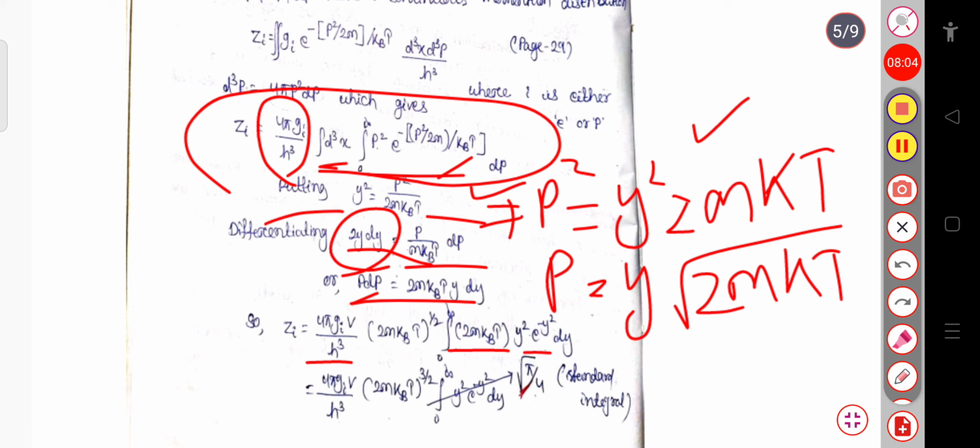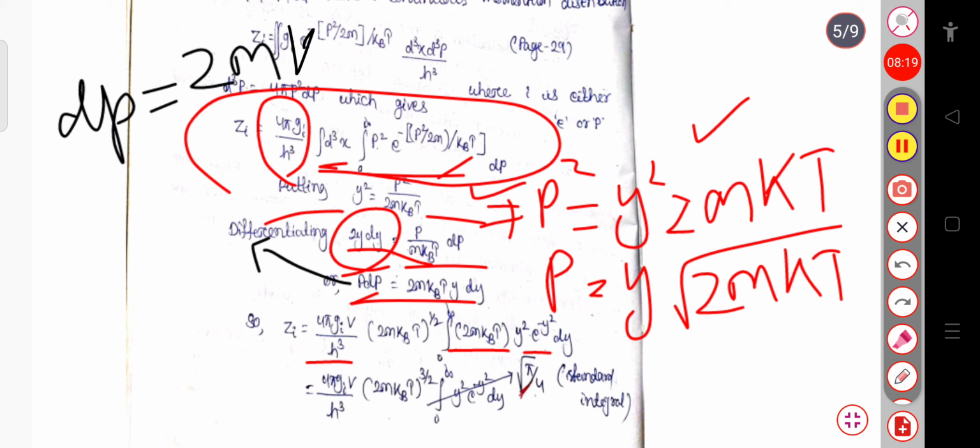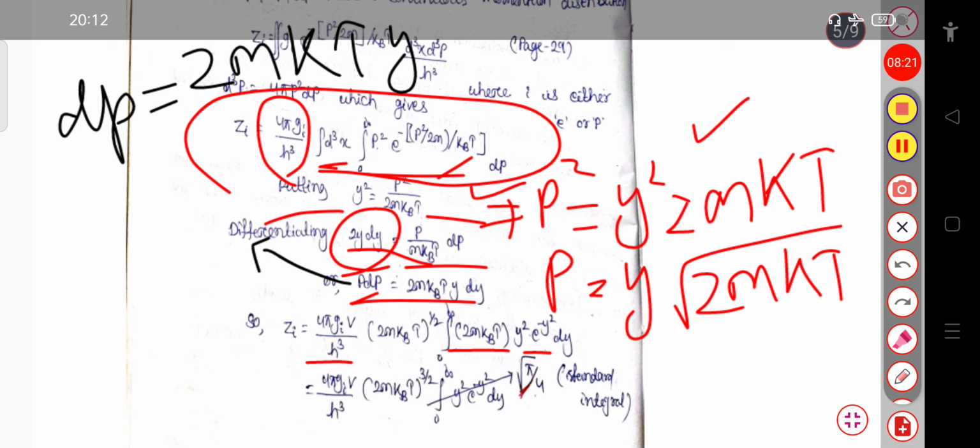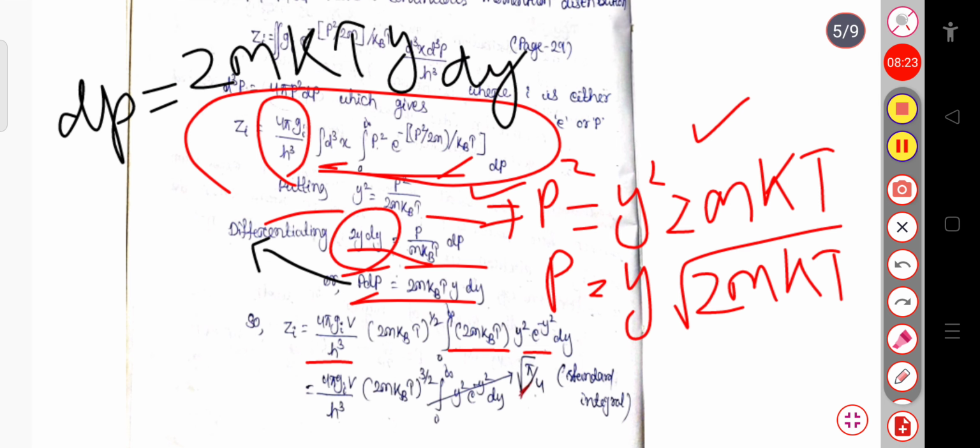In place of dp, since p dp equals this, I can write dp equal to 2m kT y dy divided by p.